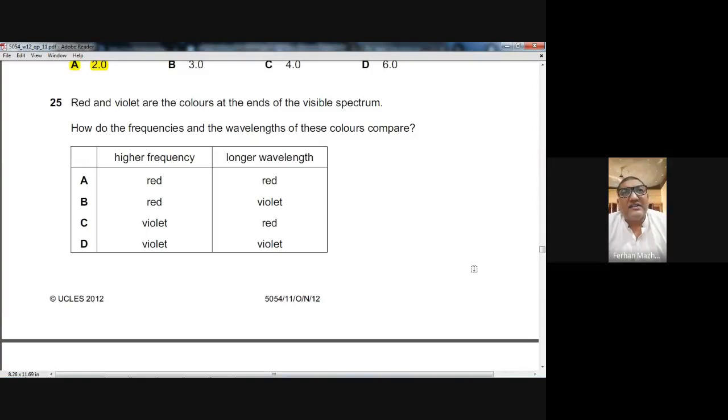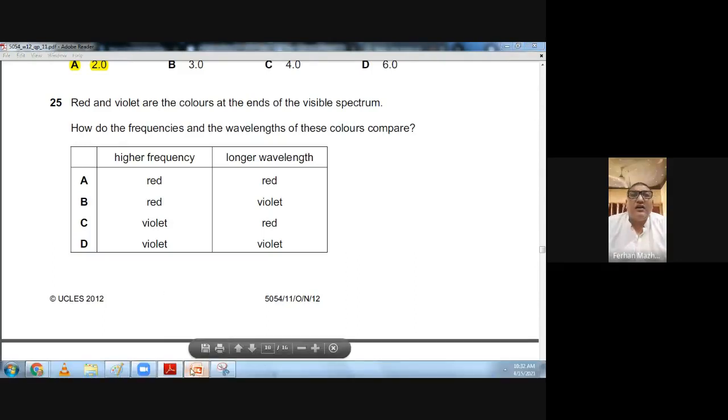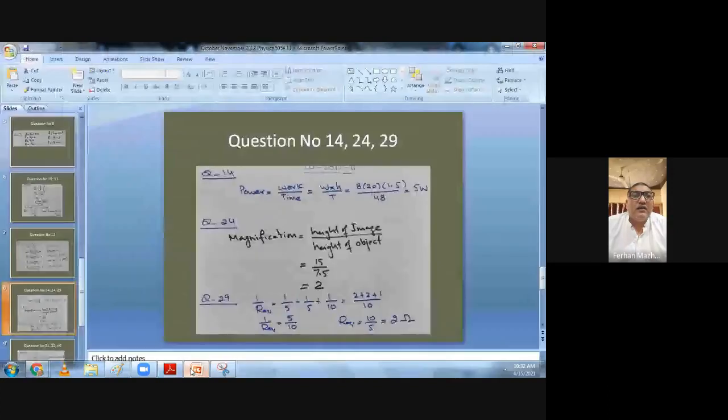Red and violet are the colors at the ends of the visible spectrum. How do the frequencies and the wavelengths of these colors compare? I can show you.